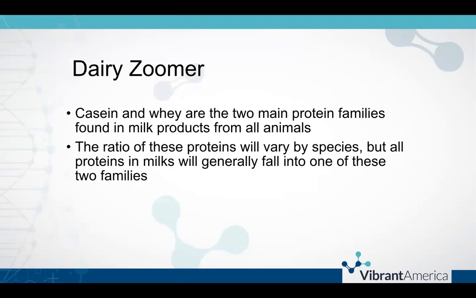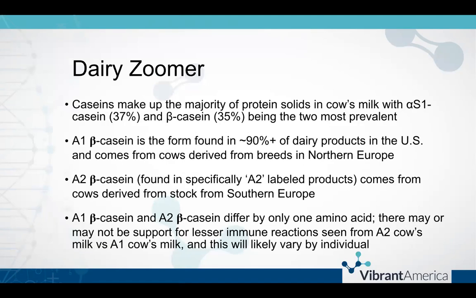Things to know about dairy, we're talking about specifically cow's milk again. Casein and whey are the two main protein families found in milk products from all animals, including humans. The ratio of these proteins will vary by species, but all proteins in milk will generally fall into one of these two families, either casein or whey. Caseins make up the majority of protein solids in cow's milk, with alpha casein and beta casein being the most prevalent.